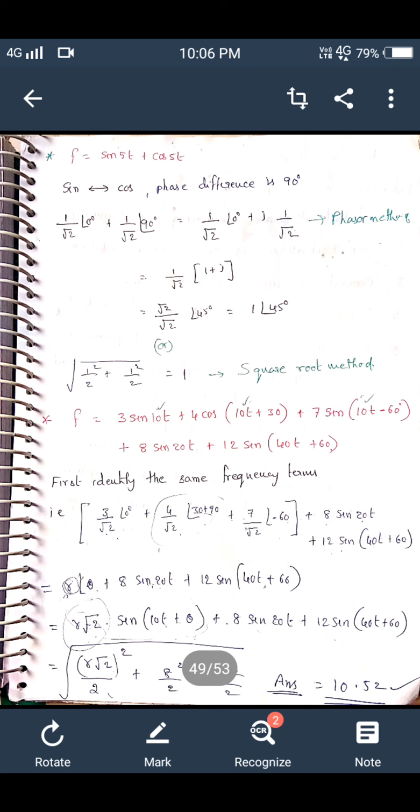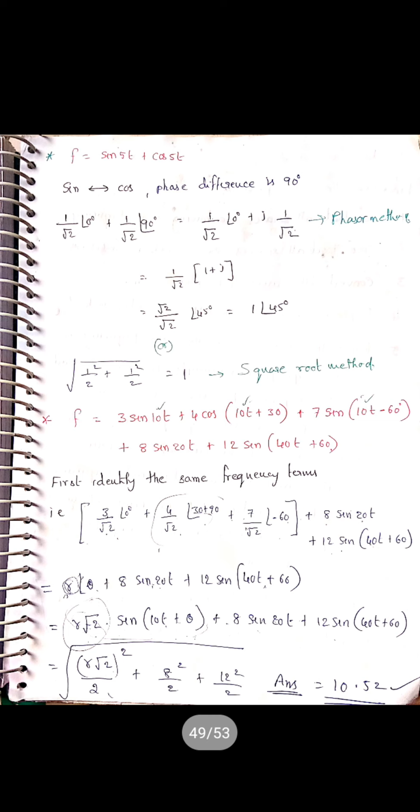Now to understand these three statements, one network problem is given; practice that problem and you can gain good knowledge. Here a function is given with sources: three sources have the same frequency, omega equal to 10, and the remaining two have different frequencies, 20 and 40. If we apply those three methods, you can get the final expression.